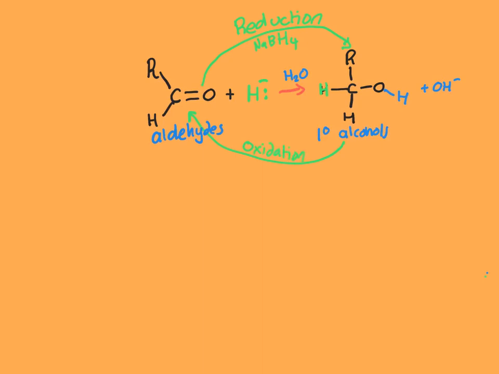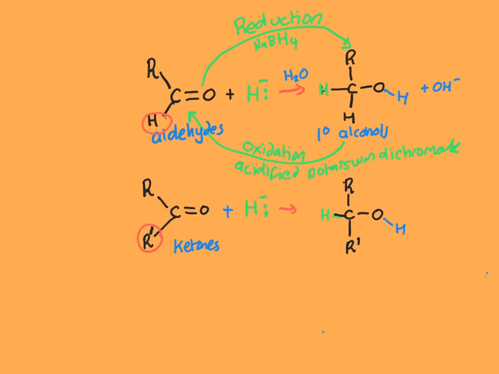So the opposite of reduction is oxidation, and the reagent for oxidation is acidified potassium dichromate. So aldehydes get reduced to primary alcohols, which get oxidized back to aldehydes.